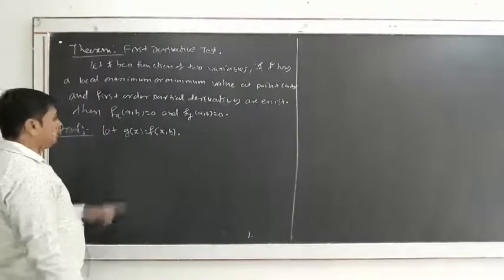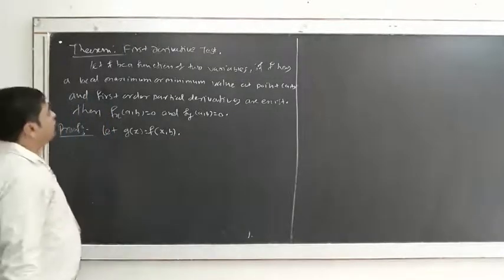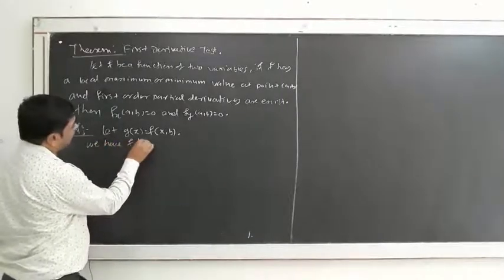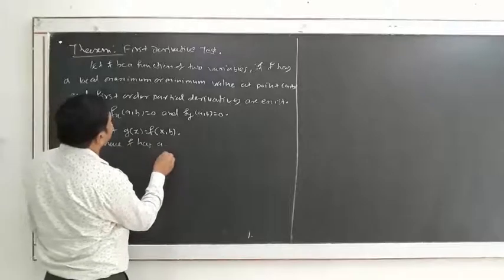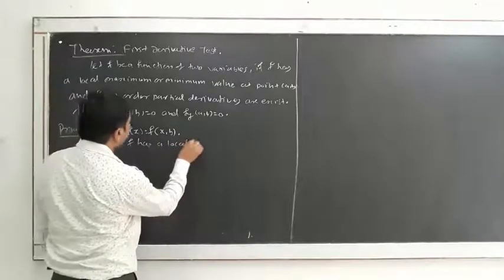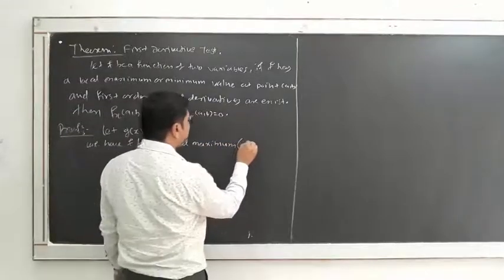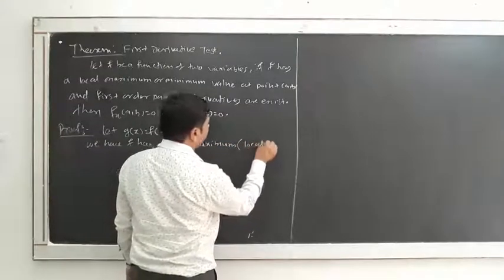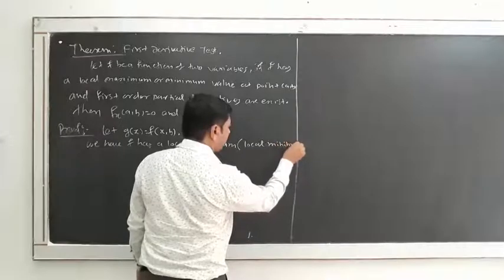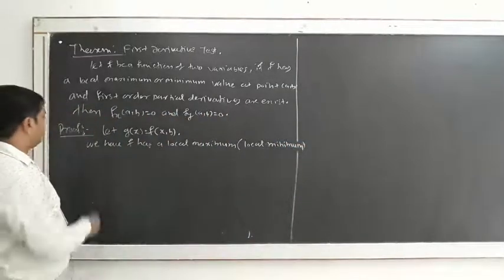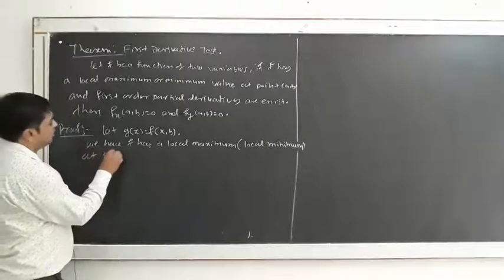Now it is a function of one variable, and we are given that f has a local maximum or local minimum at point (a,b).